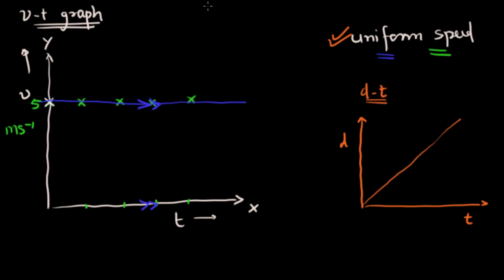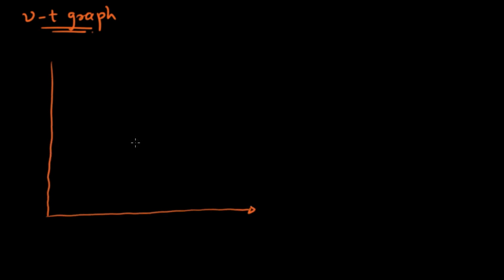The important thing is that now the body would be accelerated. So, the velocity time graph for an accelerated body. As I told you, uniform acceleration means the velocity of the body would increase by an equal amount at regular intervals of time.